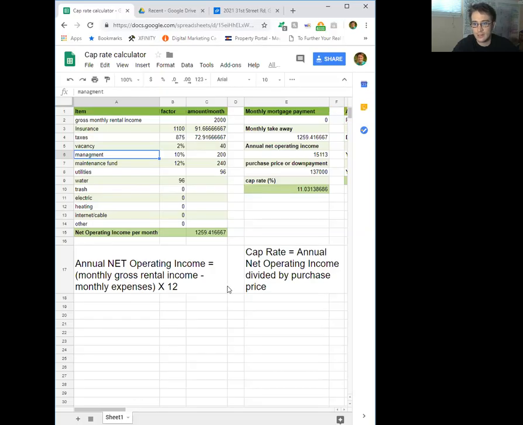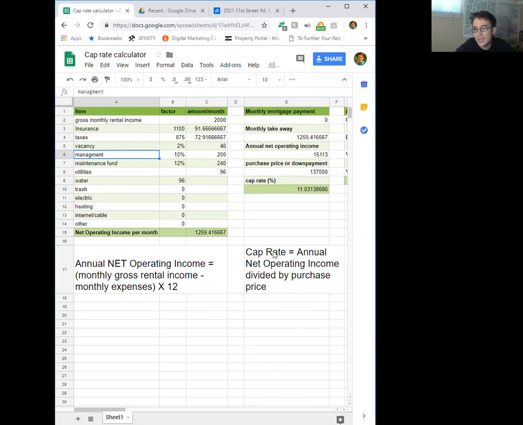And so let's go over the formula of what a cap rate is. I'm going to share my screen with you real quick. I made a little cap rate calculator over here to help show you how to use the cap rate formula.